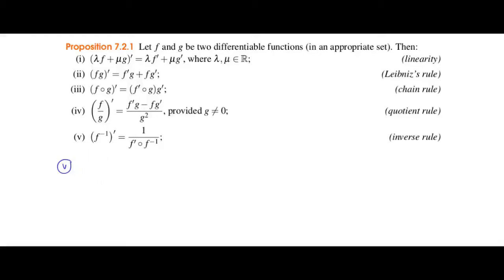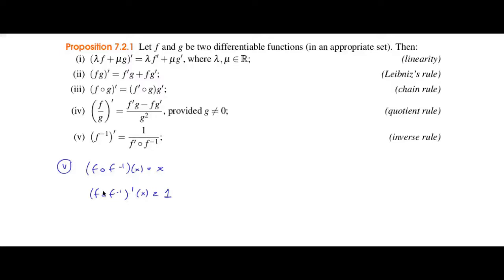In order to prove this, we're going to use this property of the inverse, which is that f composed with f inverse at x is going to be x, right? Now we differentiate both sides. The derivative of x is 1, as we know.